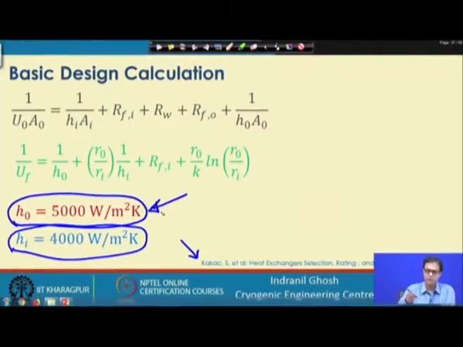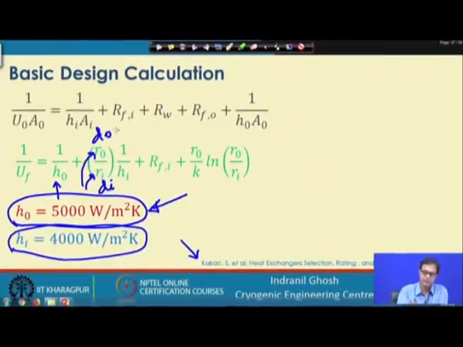So, based on this value, if we now estimate, we will find that we already know h0. We can substitute R0, which is already known to us. If we define it in terms of diameter, this can also be D0 by Di.